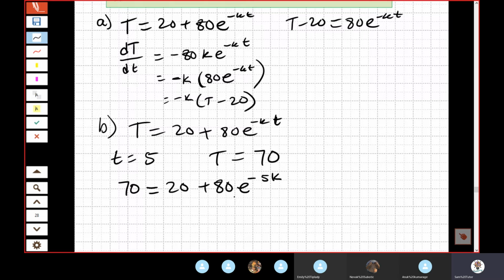Then you would have got to e. You say, I've got to get rid of that, I've got to log it. Then you're like, I've got an extra -5, I would divide by -5. If you guys are able to do that, we should all end up with this. Anyone want me to actually do it?